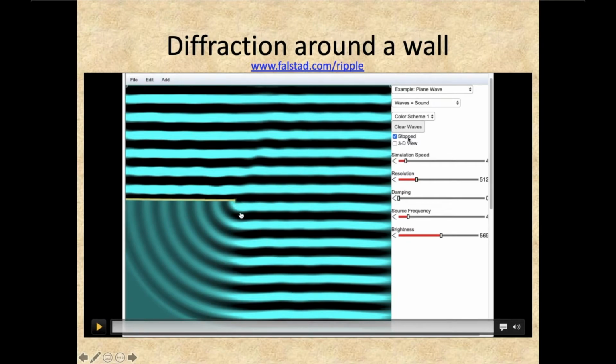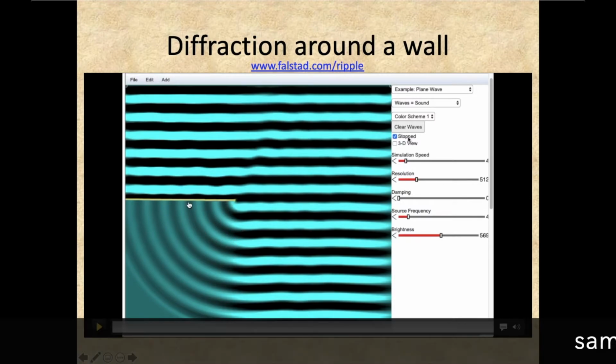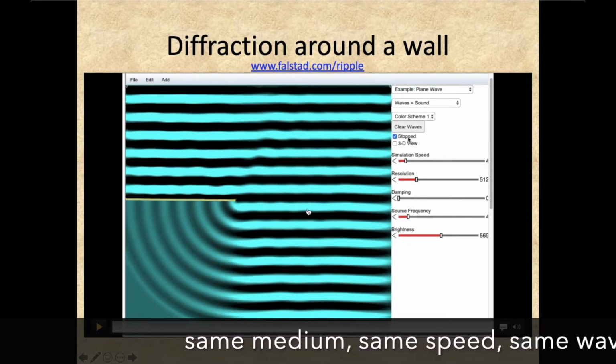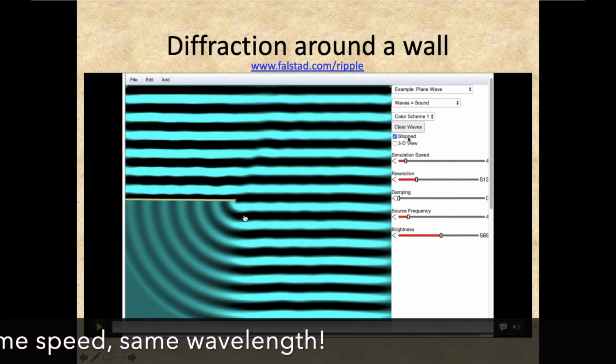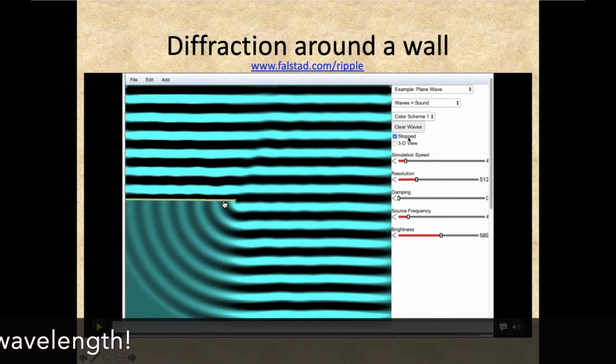But why do they bend around the corner? You can see that after this point, the wavefronts become circular. Their wavelength stays the same, so the separation of these circular wavefronts stays the same as the separation of the plane wavefronts. But instead of traveling in straight lines, the wavefronts become circular.